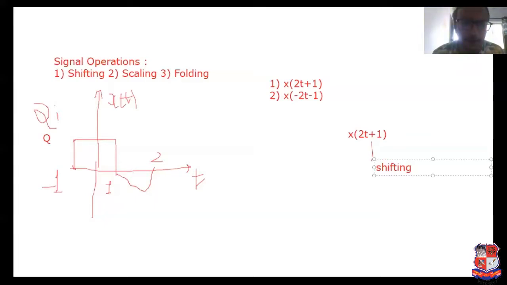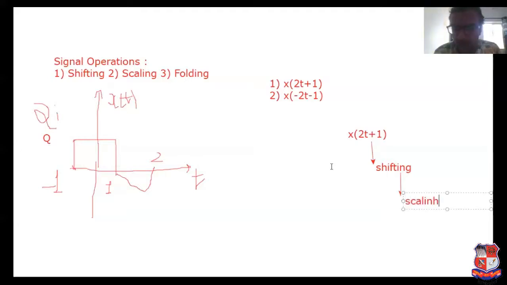Move from here to here, so we can say first apply the shifting operation, then apply the operation related to scaling.